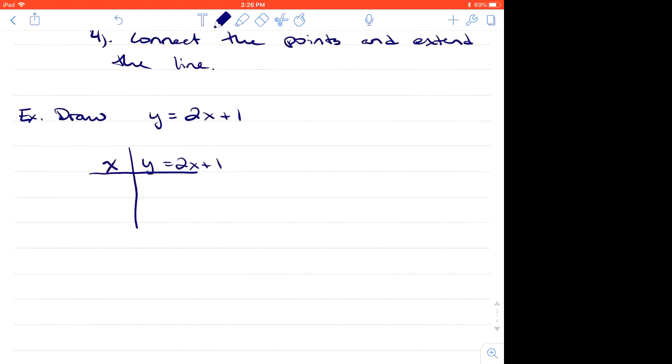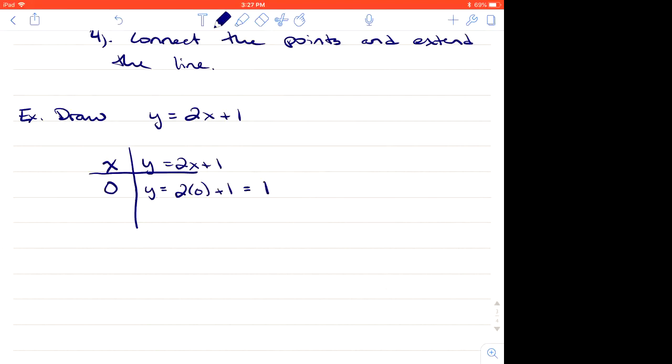My favorite x value is 0. Easy to deal with. Solve for y. So I'm going to pick my first x as 0. So then y is 2 times 0 plus 1, which is just going to be 1.